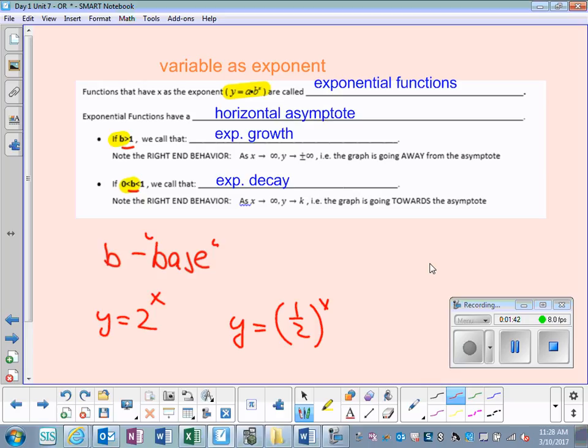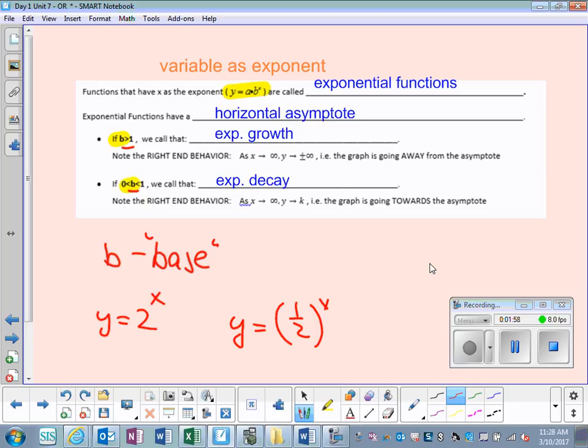So if you just want to determine whether your function is exponential growth versus decay, and you don't have the actual equation, so you don't know what b is exactly, you can also look at the graph.